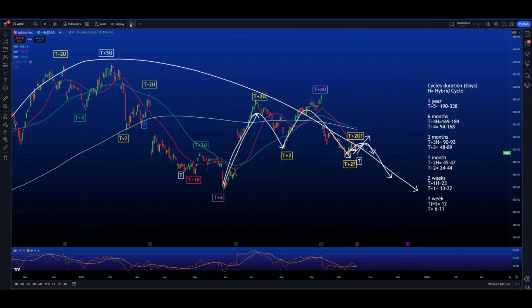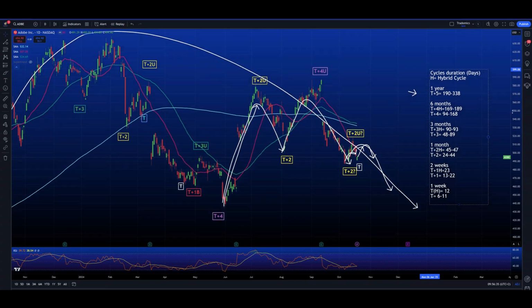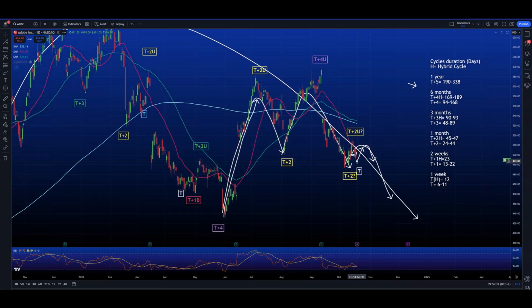And if next week or in 2 weeks we see a first impulse to the upside as said, but then a return into the area of $491 and then $486, this is the shape that we have to expect. And in order to reach the low in which the T plus 4 was developed, we still have to lose 12%.